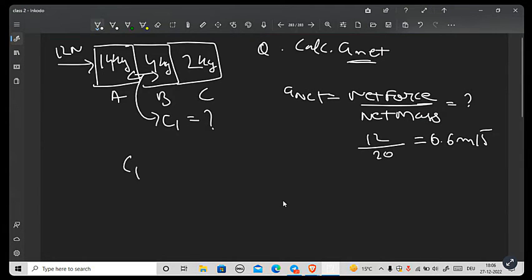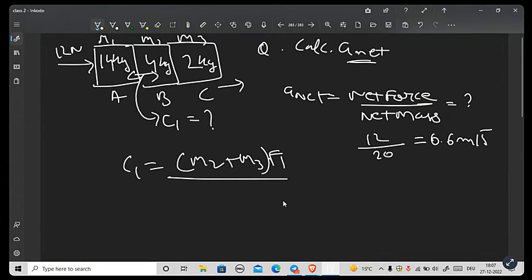About C1, what formula will you apply? Simply 4 plus 2. If this is M1, this is M2, and this is M3, the formula will be M2 plus M3, because the contact force between the 14 kg and 4 kg blocks is responsible for pushing M2 and M3 along the right hand side. So M2 plus M3 into F1 upon the total mass.